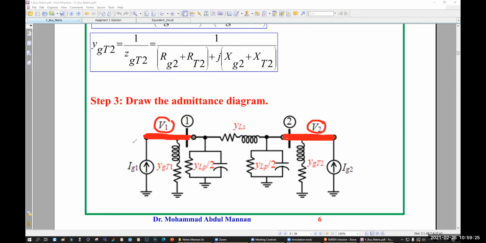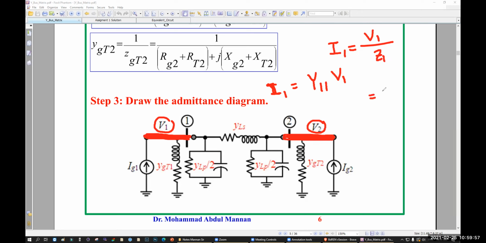Got my point? So I1 means what? The current of bus number 1 will be Y11 into V1. How can I write that? Normally the formula for current is V divided by Z, right?